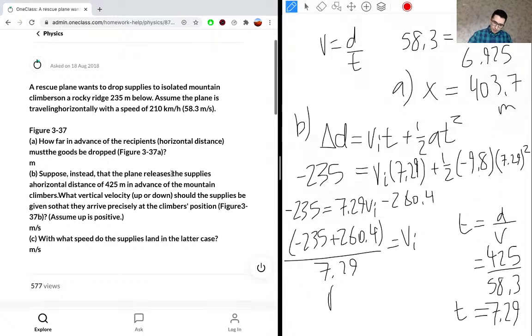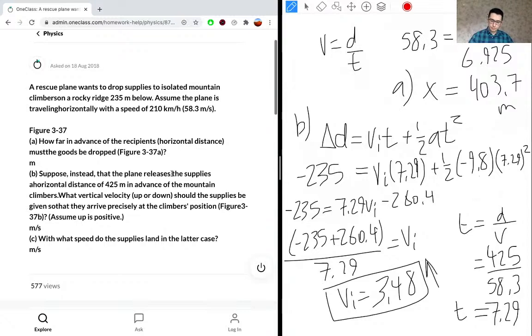So VI equals, plug this into our calculator and we'll get 3.48. So this is positive, that means it will be in the upward direction. So the answer is 3.48 meters per second in the upward direction.